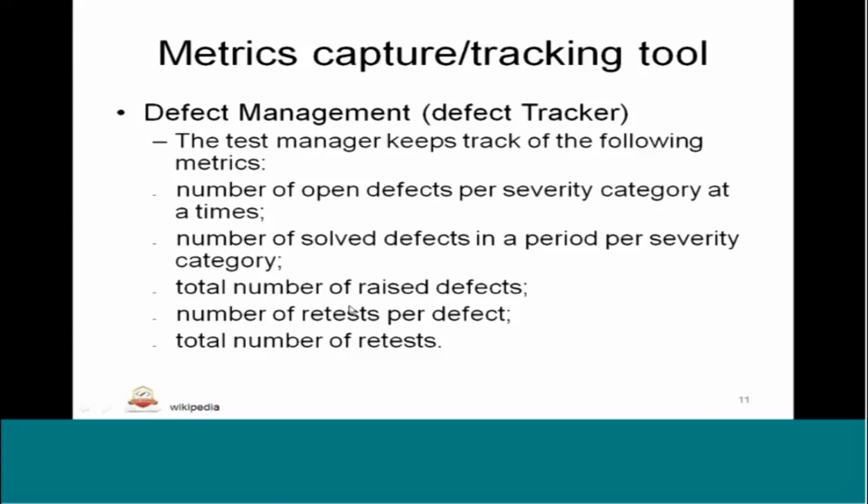Total number of raised defects, number of retests per defect, how many regression or retest re-executions are done per defect to close it or report it. Total number of retests. So all this will be part of the defect tracker. The test manager basically keeps track of this defect tracking.